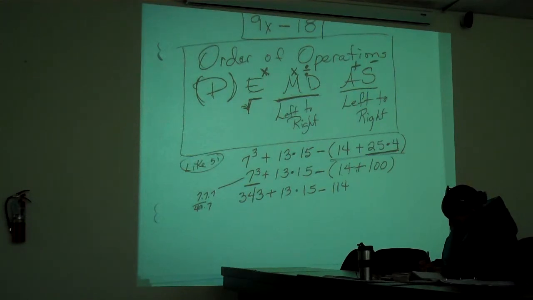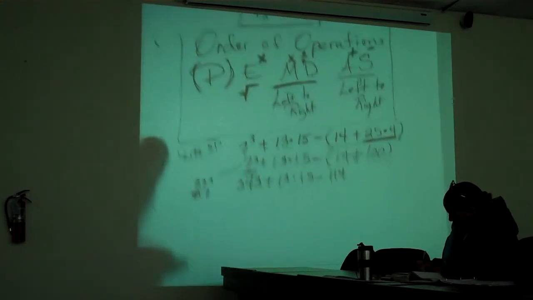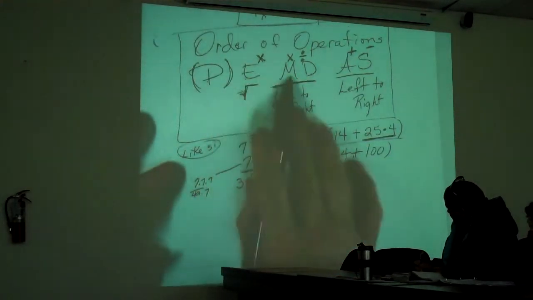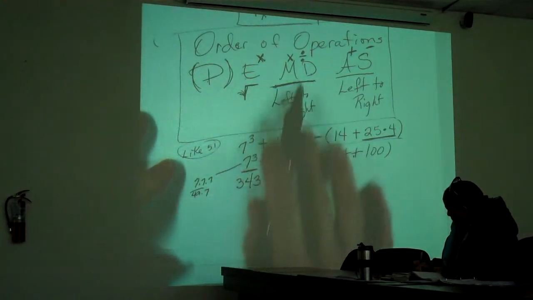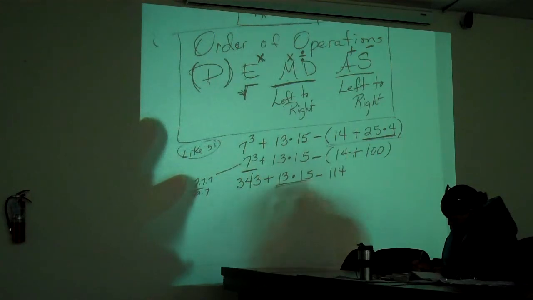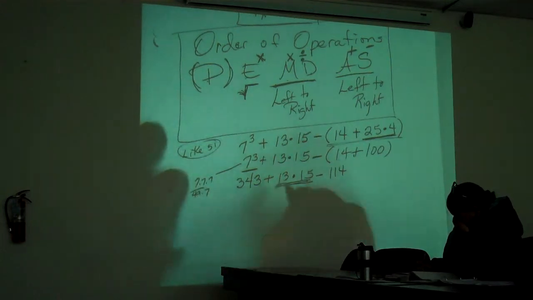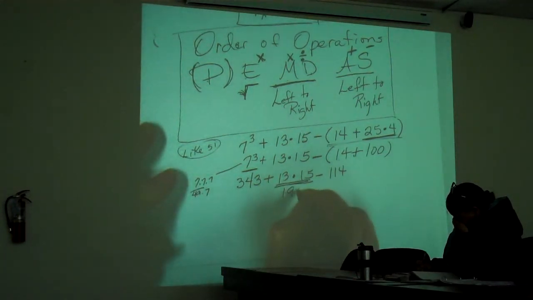Now are we just going to go left to right now? No. After this, make sure there's no multiplies and divides before you add and subtract. We still have a multiply, 13 times 15. That's 195.